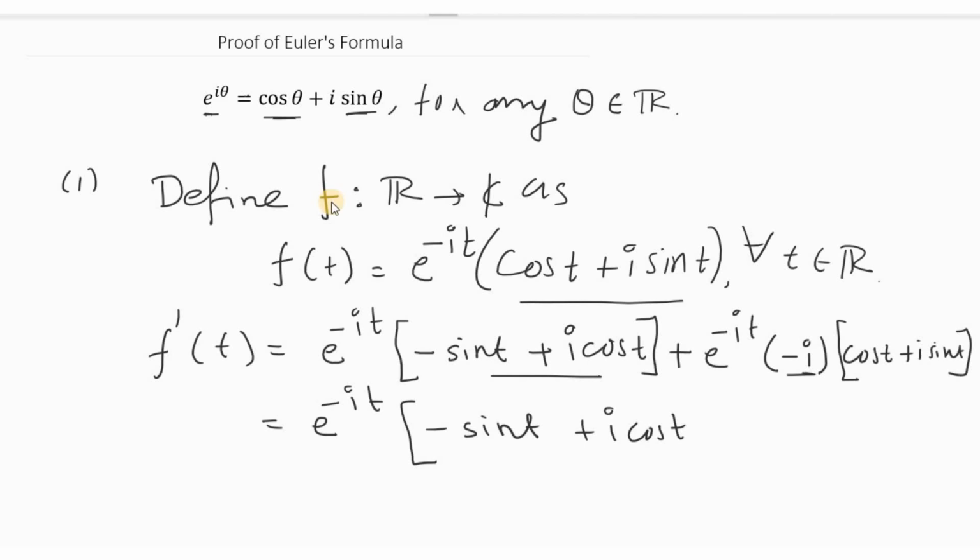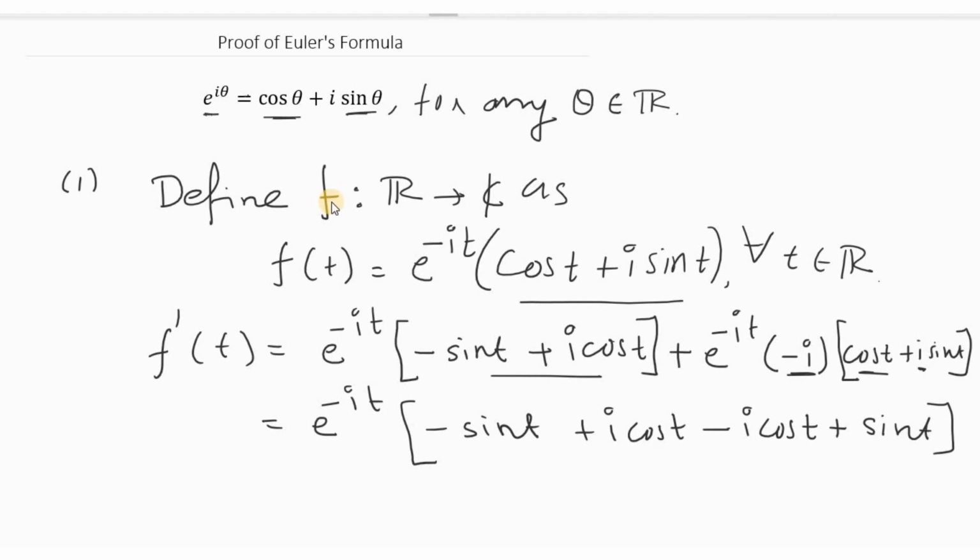Now this minus i will multiply to cos t here, so it will be minus i cos t, and this i is also multiplied to this i, so that will be i square, and i square will become minus 1 and this minus will become plus sin t.